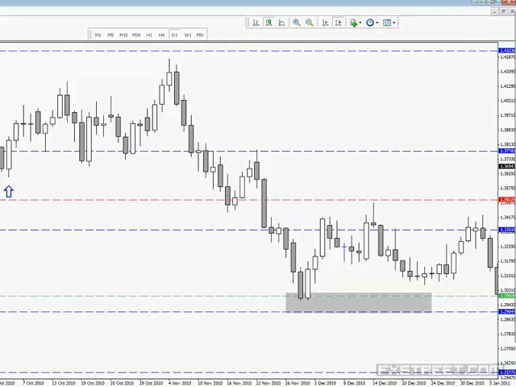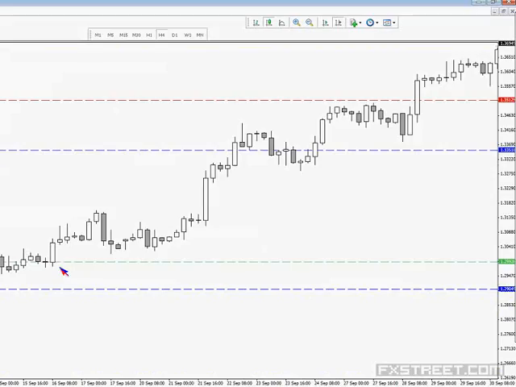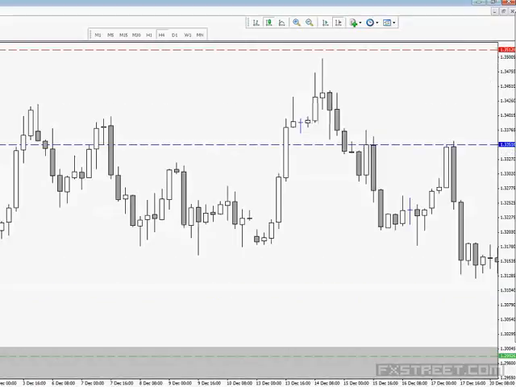In fact, maybe we should go back down to that. So here's this zone on the 4-hour chart. So that's that same zone, and that is where we see the euro finally made a quick little reversal down here, that same green line.